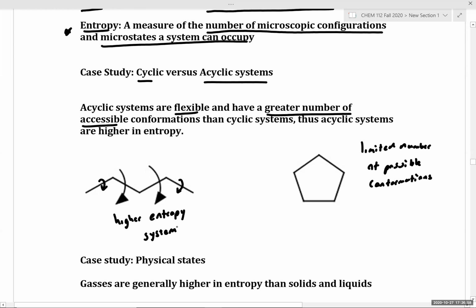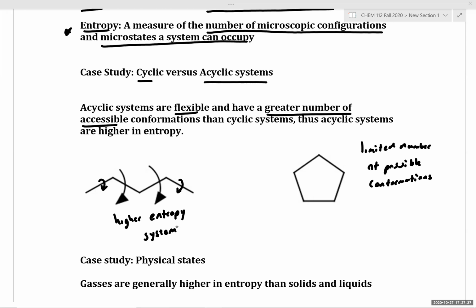Does that idea make sense to everyone? This idea that if we compare a cyclic versus an acyclic system, the cyclic system has less freedom of motion and fewer accessible conformations, and as a result, acyclic systems are considered higher in entropy. So they're favored via entropy, and that's the important thing to consider.